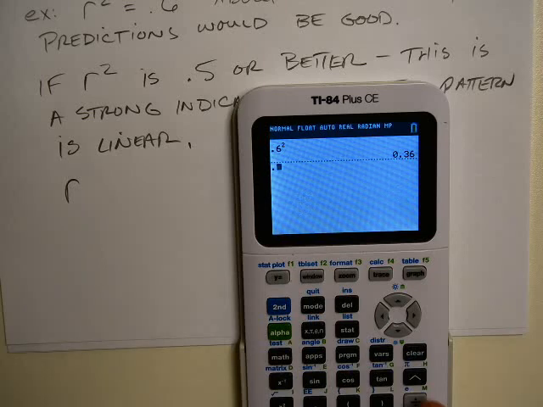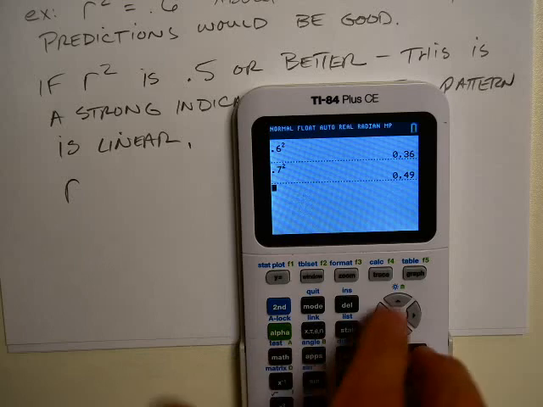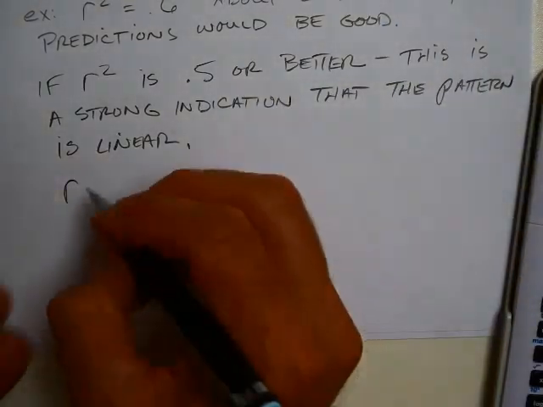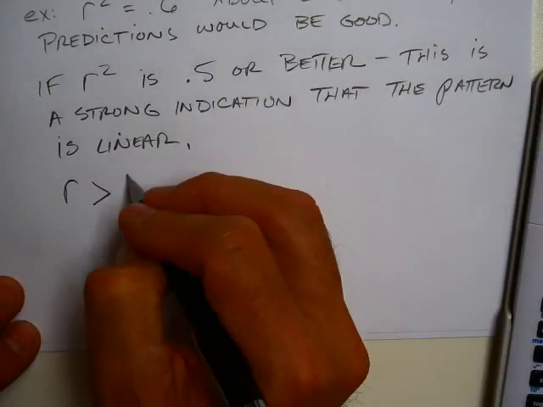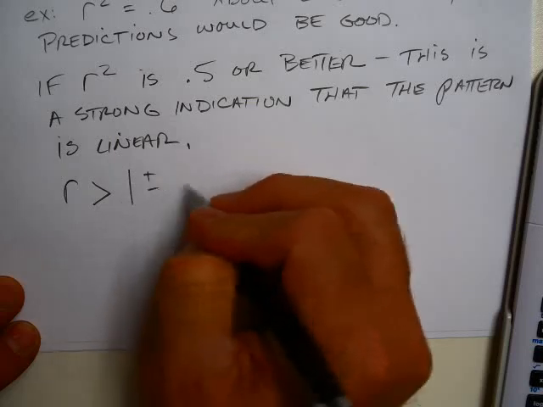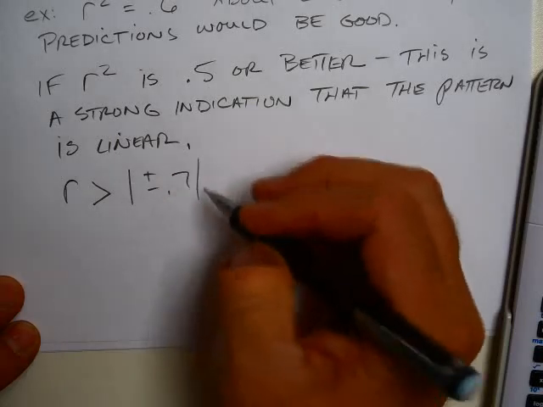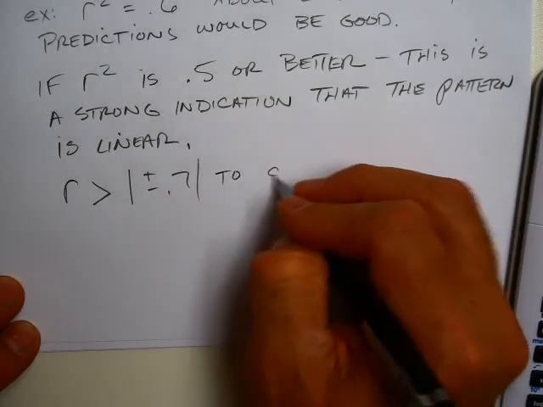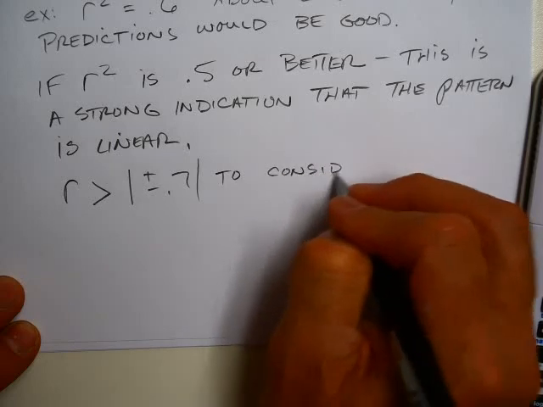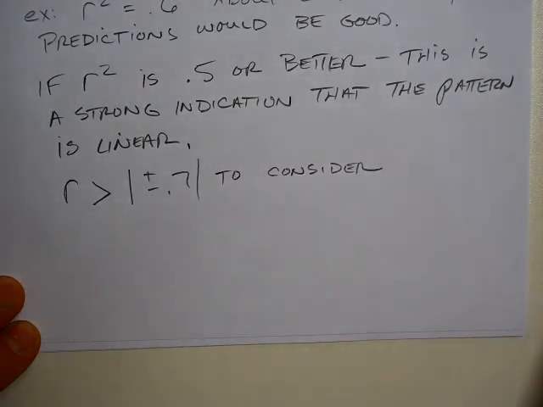What if I go 0.7 and I square that? That's close. It's got to be more than 0.7. So R has to be greater than plus or minus 0.7 to consider a pattern to be linear.